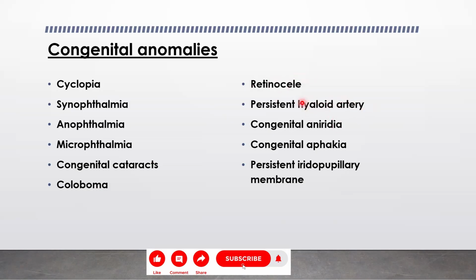Persistent hyaloid artery. If this hyaloid artery that we talked about earlier doesn't disappear, you can have persistent hyaloid artery. You can have congenital aniridia, absence of the iris. Congenital aphakia, absence of the lens. And then persistent iridopupillary membrane, or the web-like eye. This iridopupillary membrane is just attached to the lens and the iris, so that's the reason I think it's web-like.